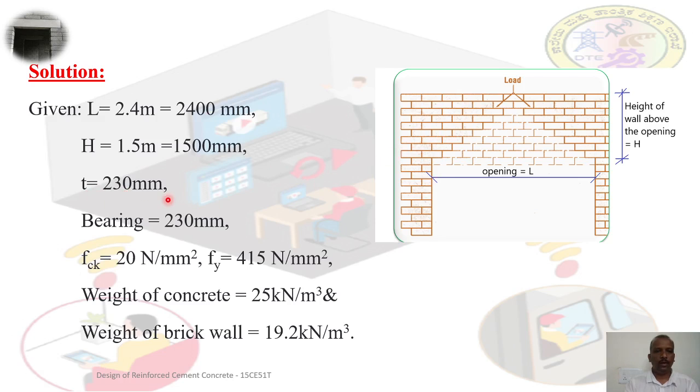In the other direction, if you recollect, the bearing is equal to 230 mm, the concrete is 20 Newton per millimeter square, and steel is 415 Newton per millimeter square. These are the characteristic strengths of the materials. Then the weight of the concrete is 25 kilonewton per meter cube, and the weight of the brick wall is 19.2 kilonewton per meter cube.